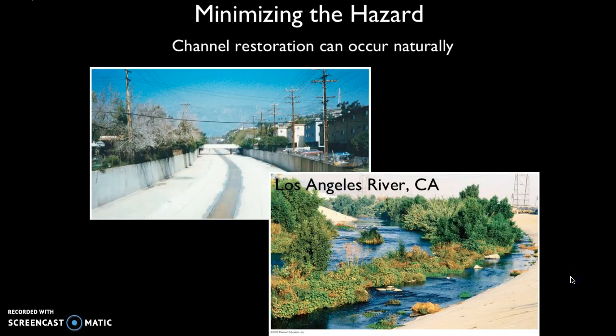The way to minimize the hazard is going to be channel restoration that can occur naturally. So in very arid areas like LA, for example, whenever you have high precipitation and perhaps flash floods, you need some sort of containment area. In the past, they would have these big channels through which the water would flow.